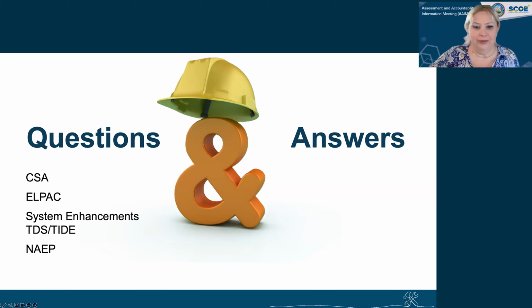Another question that I would like to answer is, how will we know if we are part of the RSVP program this year? Again, great question. LEAs are notified each spring prior to the initial ELPAC administrative scoring trainings.